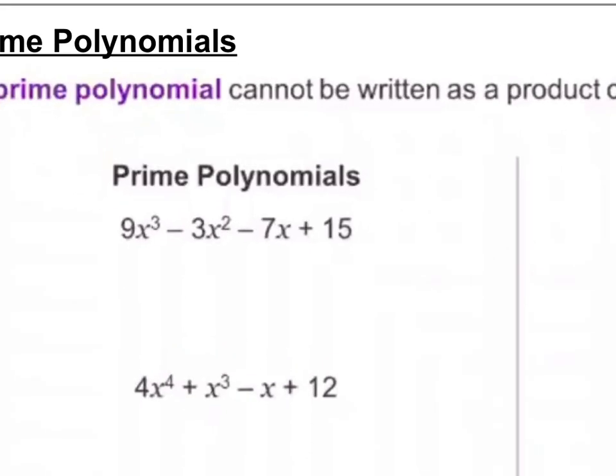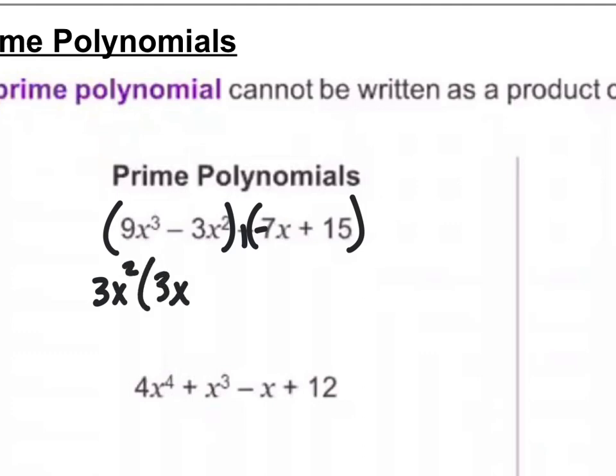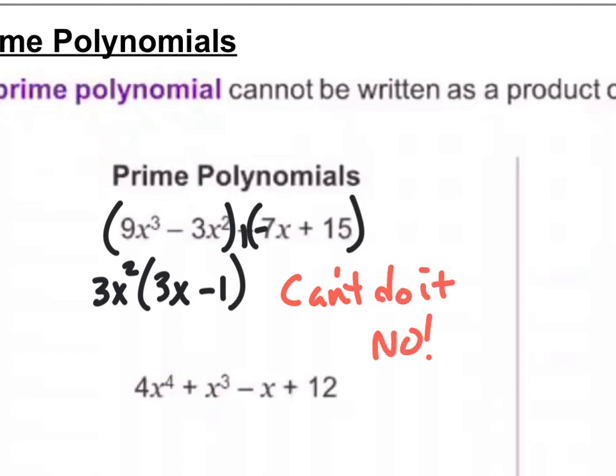If you group these together, and let me do plus negative 7, if I factor out a 3x squared out of this, then you're left with 3x minus 1. Now out of this, I can't factor anything out of 7 and 15. Because I can't factor anything out, it's not factorable. Can't do it. Don't even think about it.